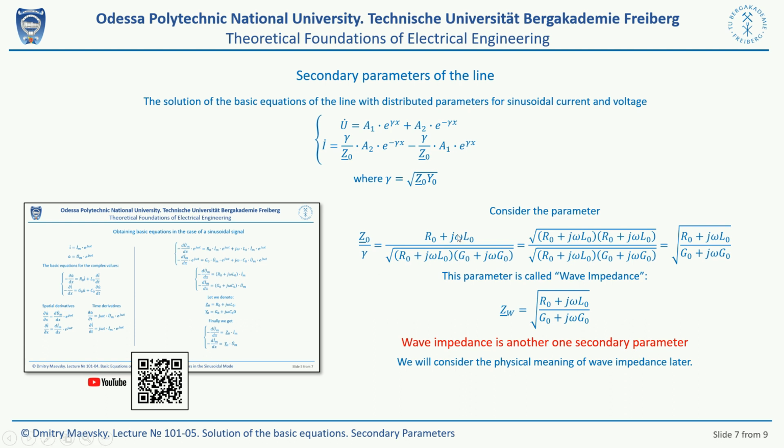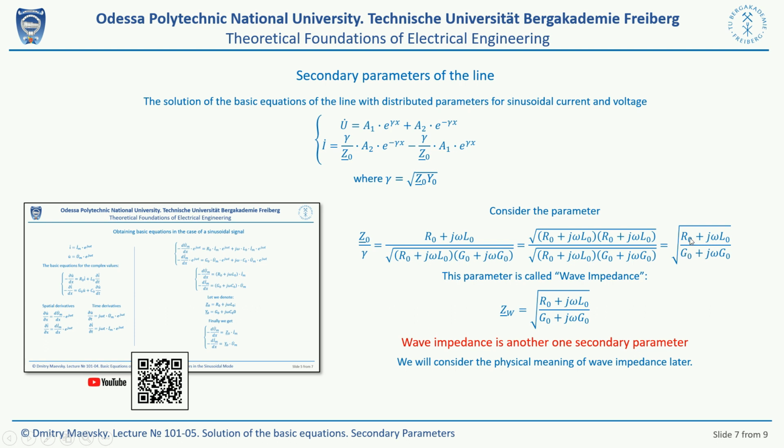Substituting the values of Z0 and gamma as shown here, after simple transformations, we get this expression. Under the square root is a fraction, the numerator of which is measured in ohms and the denominator is measured in Siemens.